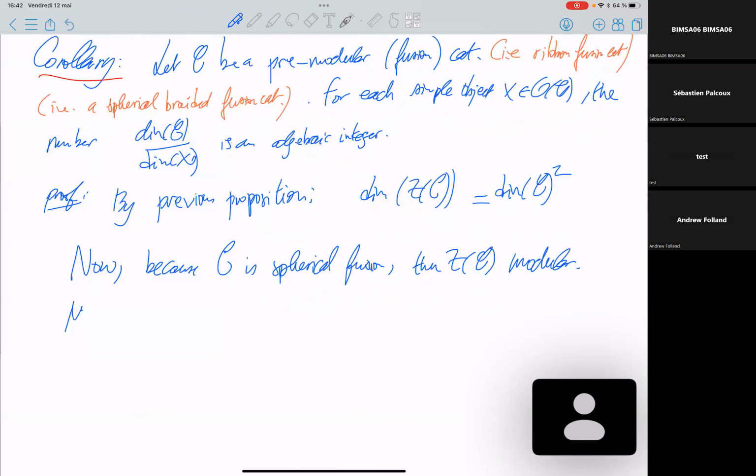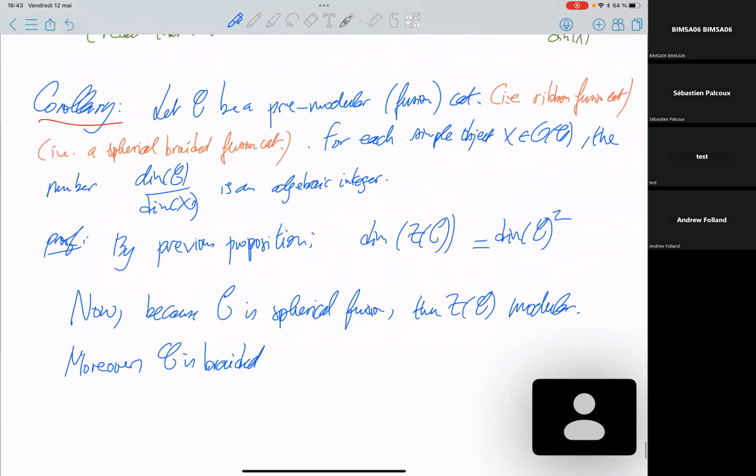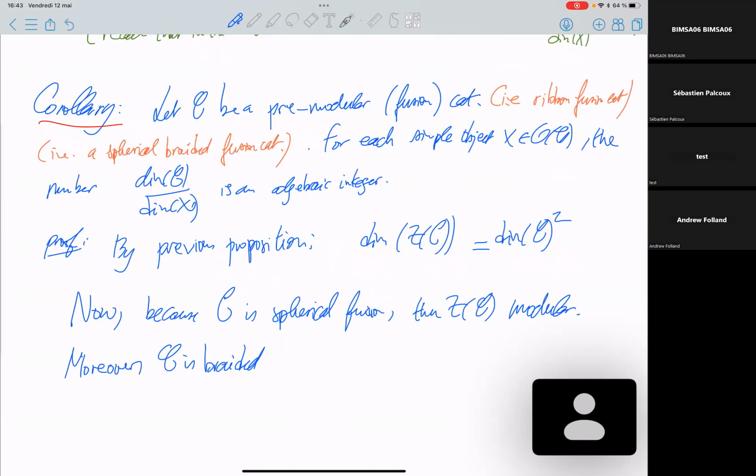Moreover, C is braided. So you see the more convenient way to state the corollary is for a spherical braided fusion category, because this is exactly what we use. We use spherical, we use braided.